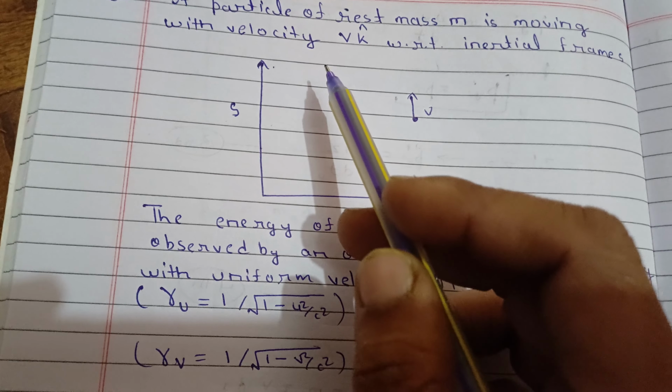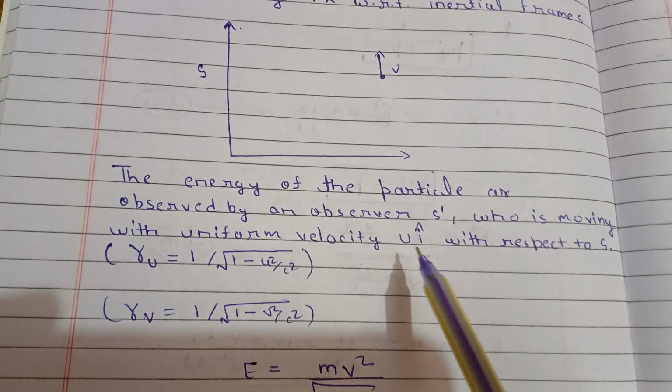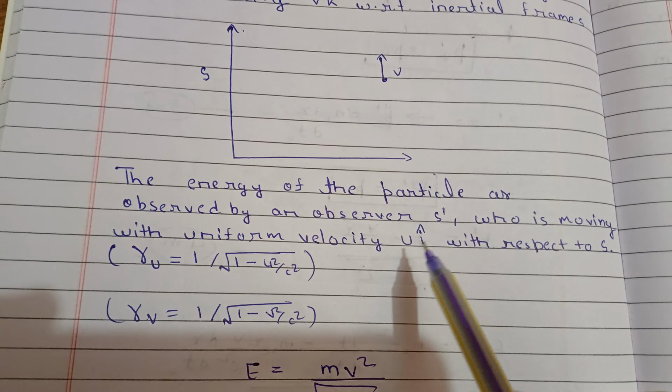Now there is one S prime frame which is moving in the i cap direction, in this direction, with speed u with respect to S. With respect to S, that frame is moving in this direction. So you need to calculate the energy of this particle with respect to that S prime frame. So you need to calculate actually the E prime.